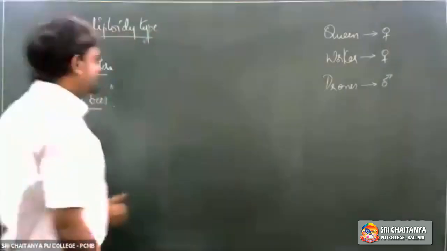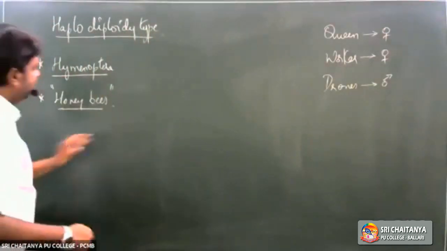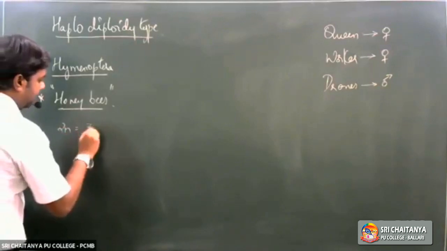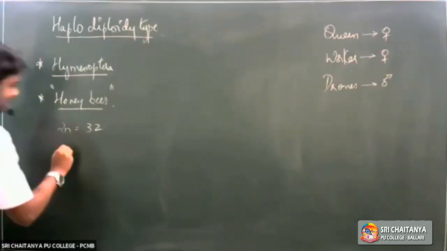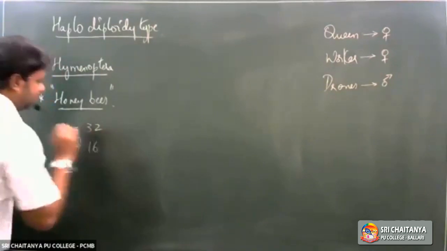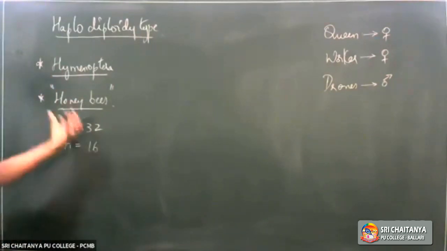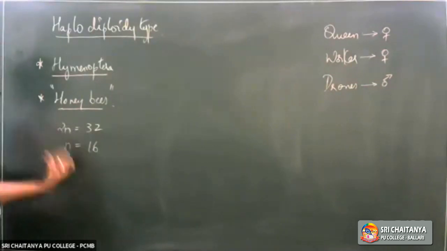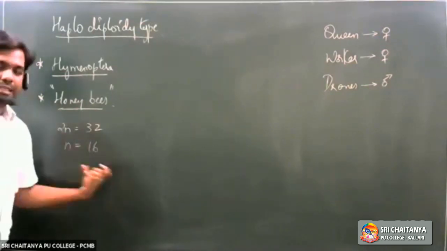Now, if you see the number of chromosomes present in case of honeybees, the diploid number of chromosomes is 32, whereas the haploid number is 16, right? So this is the chromosome number in case of honeybees.